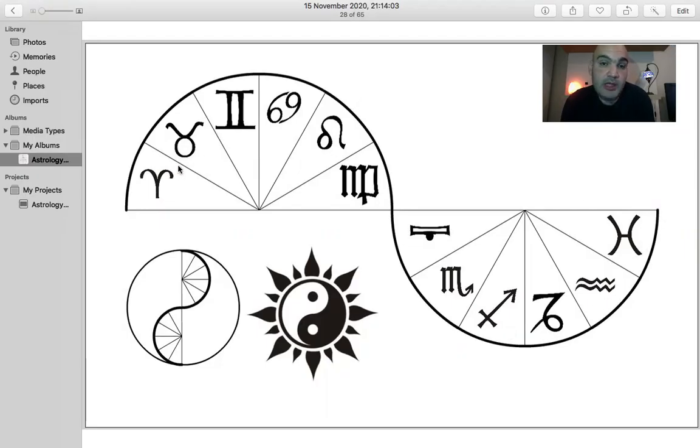So just to give you the basics, each season has 3 signs. So we have 4 seasons and 3 signs in each season. So this first section would be spring, this next section would be summer, the next section would be autumn, and the next section would be winter.